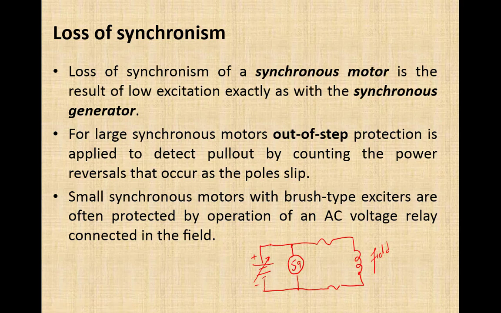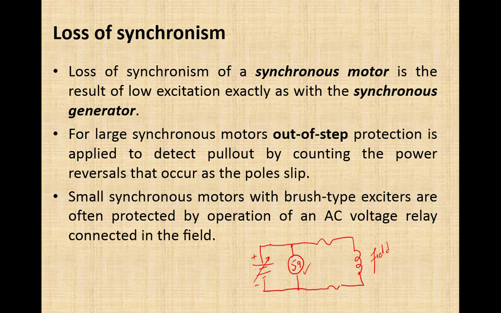In normal operation, this AC voltage relay would not sense any voltage because only DC will exist over here. As soon as loss of synchronism occurs, the rotor will rotate at a speed lesser than synchronous speed, and due to this relative speed difference between the stator magnetic field and rotor, AC voltage gets induced in the rotor, which would be detected by this AC overvoltage relay.